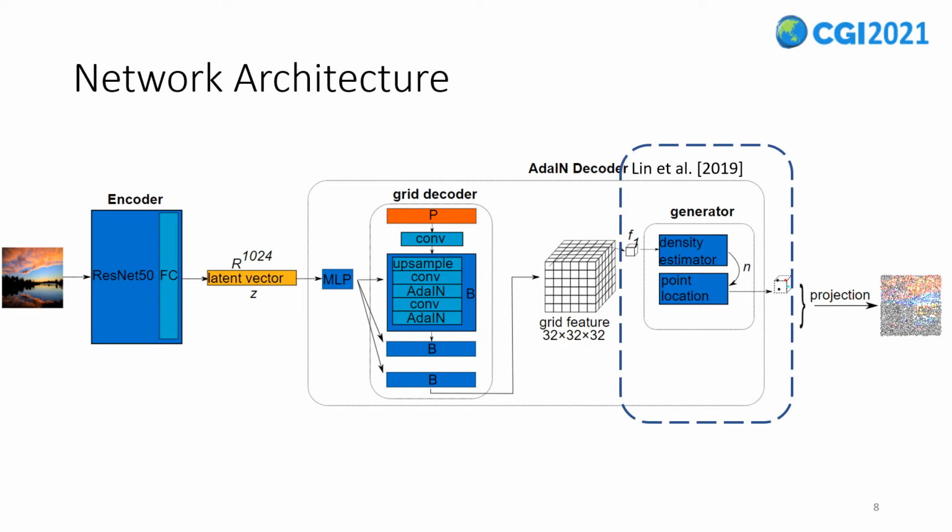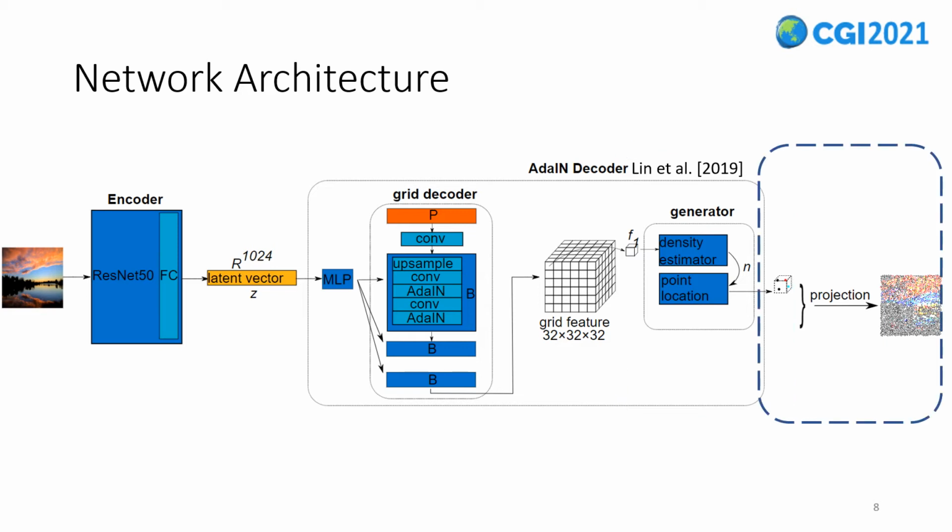This information is fed to the location MLP to produce the number of points and their coordinates in each cell according to the input point count. In the end, we do a projection on the generated 3D point set to get 2D stippling. The third dimension of points is translated to a specific color value according to the same rule in the dataset.